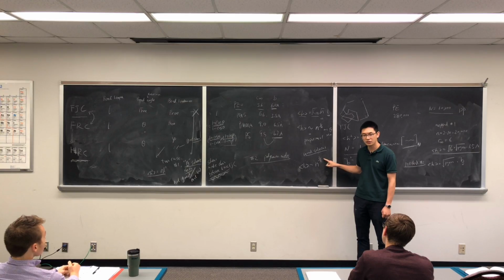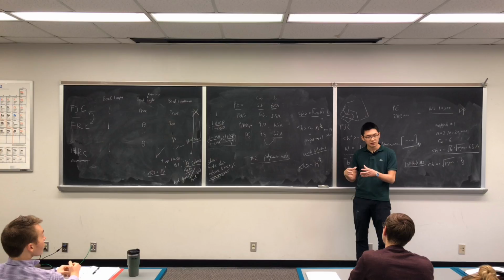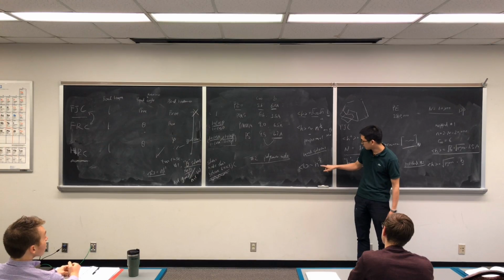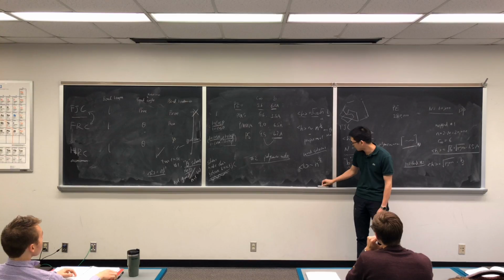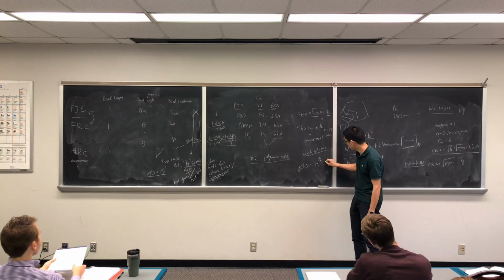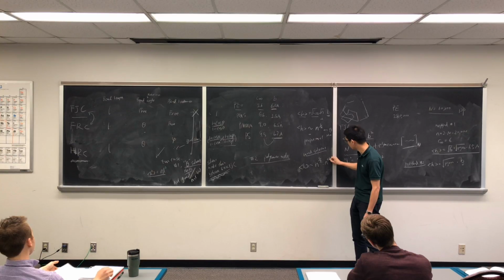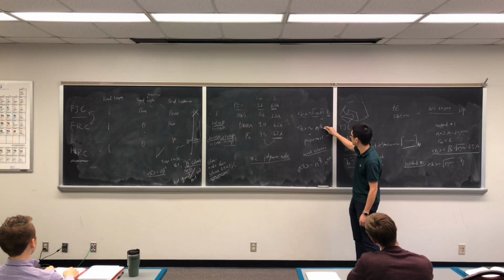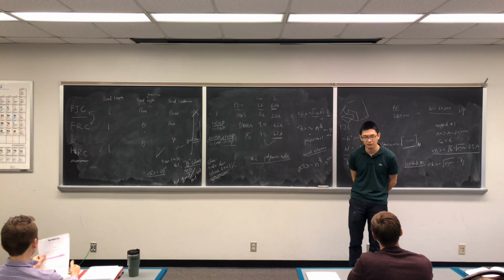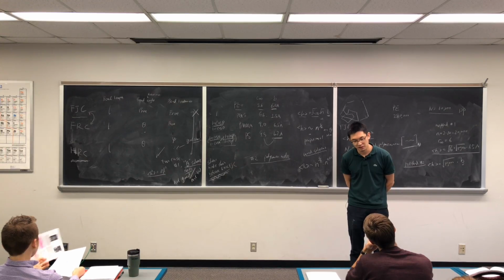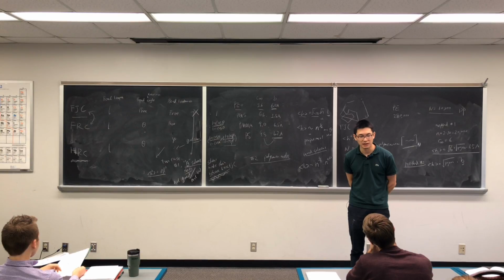So you can see for the same polymer, if it's in a good solvent, when you increase n, the end-to-end distance increases much faster. This scales about n to the 0.66, while this scales as n to the 0.5, right? This is one of the characteristics of good solvent versus bad solvent.